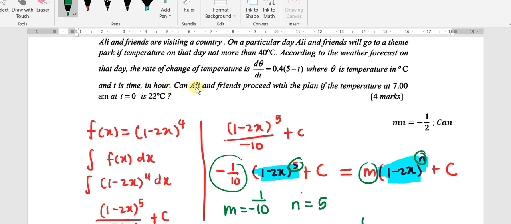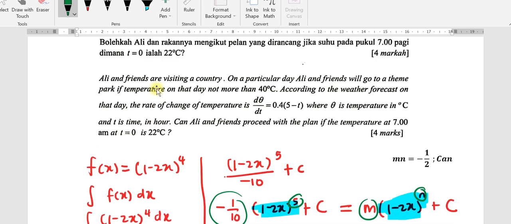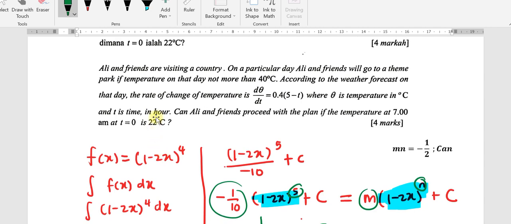Can Ali and friends proceed with the plan if the temperature at 7 a.m., at t equal to 0, is 22 degrees Celsius? Alright, what is this question actually asking us?